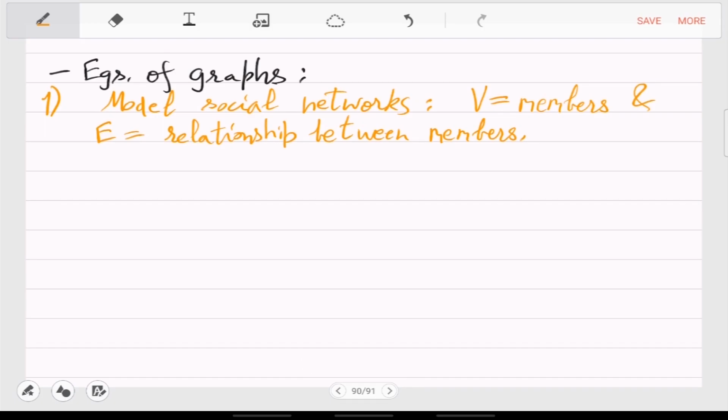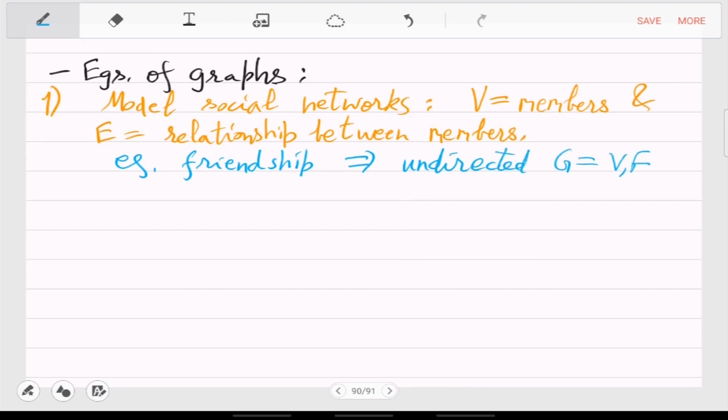For example, if it is friendship, then it will be an undirected graph. What is an example of a relationship which will be a directed graph? Follow, yes, let's go with follow.